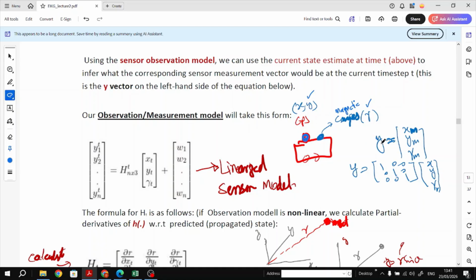It means that your measurements from your system are x position, y position, and angle. Your state vector is also x position, y position, and angle. It means that you are directly measuring your state vector from the sensor.